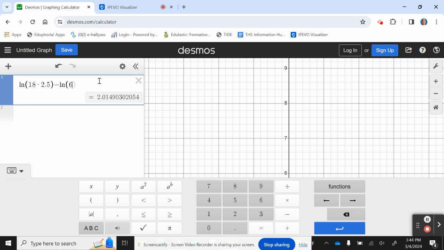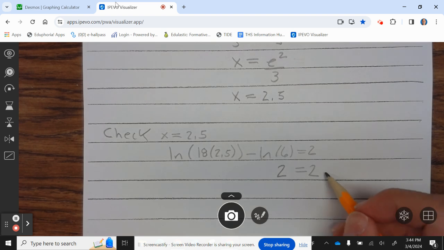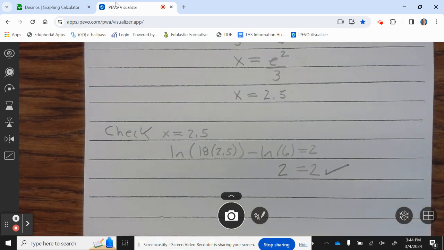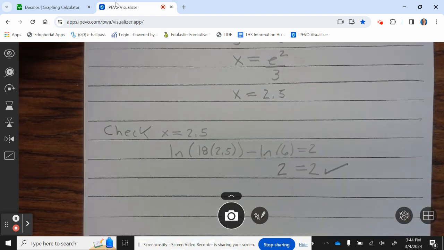Which, if you round to 1 decimal place, it does. So 2 equals 2, that checks. So x equals 2.5 is a valid solution. All right, let's take a look at the next page.